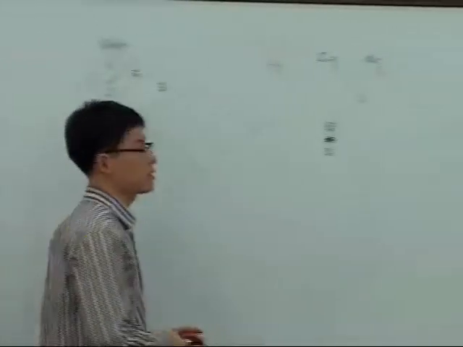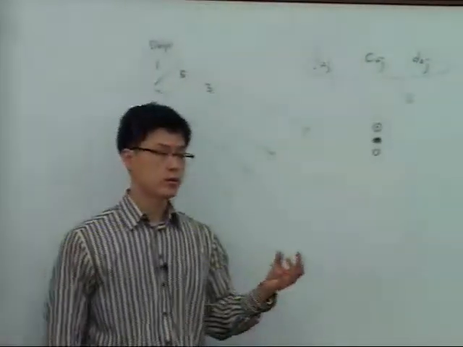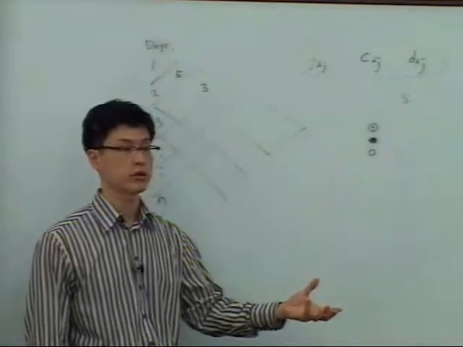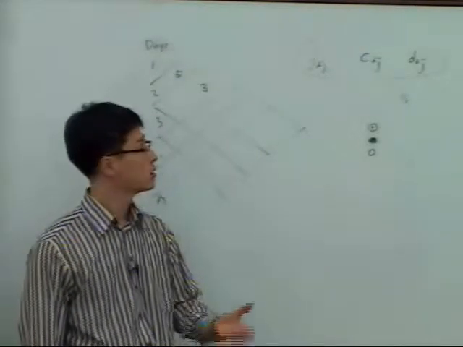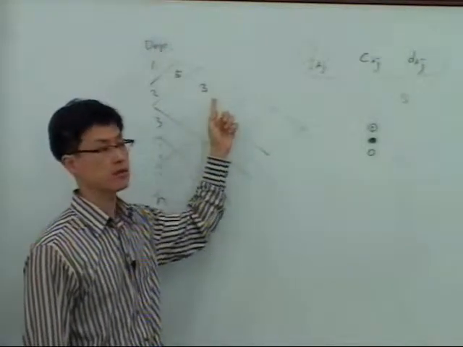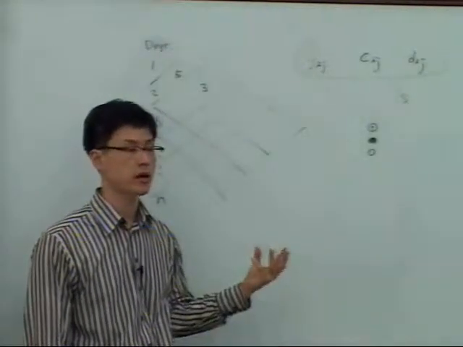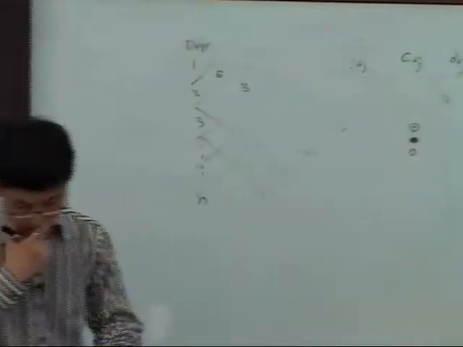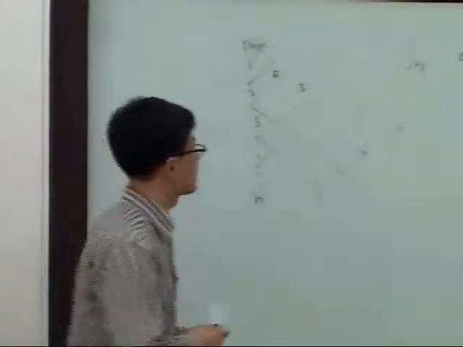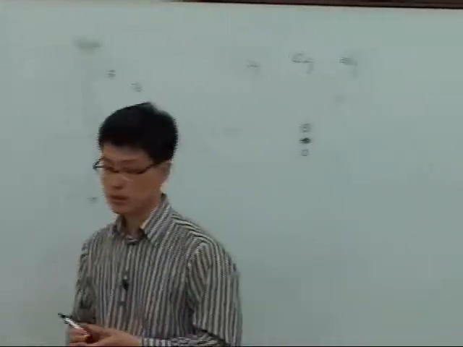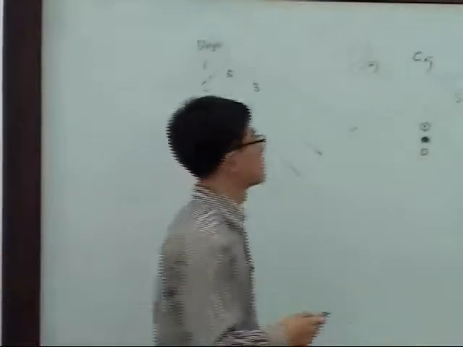Okay, the thing is like this. If you have the concrete numbers, you can go ahead and use them. But if you don't have those numbers, you can assume this is the f sub ij, right?